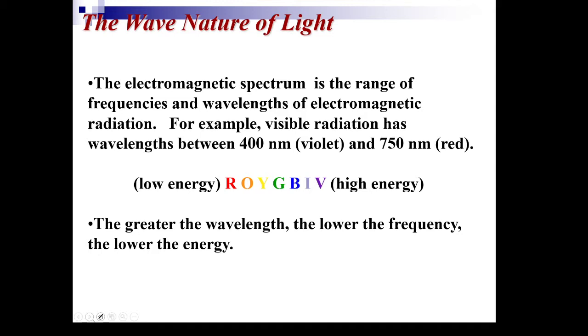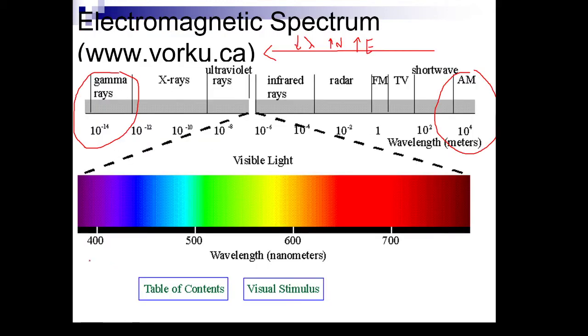Red is going to be low energy. How do I know that? If I go that way, my wavelength is increasing. Therefore, my frequency is decreasing. Therefore, my energy is decreasing.